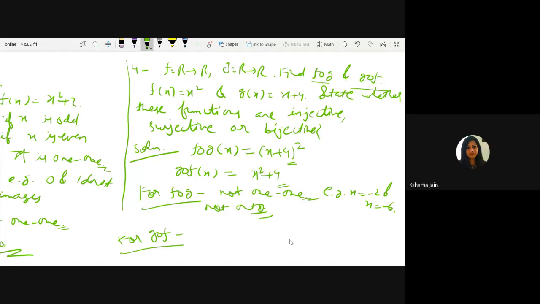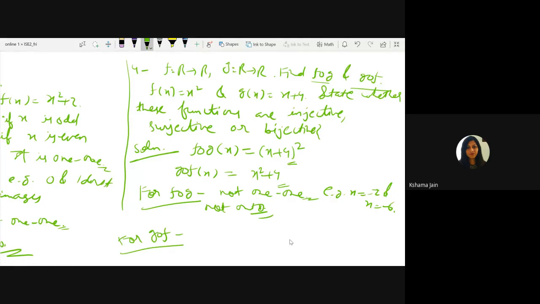Actually, your answer is correct, but approach is a little wrong. It's not about the imaginary number. The imaginary number thing will come in GOF, but not here. Domain and codomain is R to R, ma'am. But you can say directly for onto: if you take, for example, 3 or 5, these don't have pre-image.